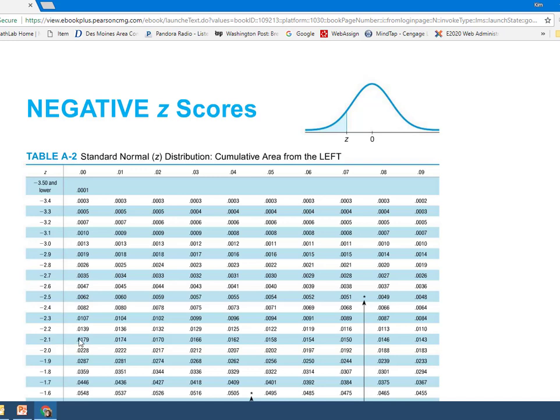And so here are our z-scores, and if we have a negative 2.45 z-score, we are going to go down this negative 2.4, and go across here till we get to the 0.05, and there would be our area to the left of that z-score. So that's a quick way to do that, and we will be looking at that a little later.